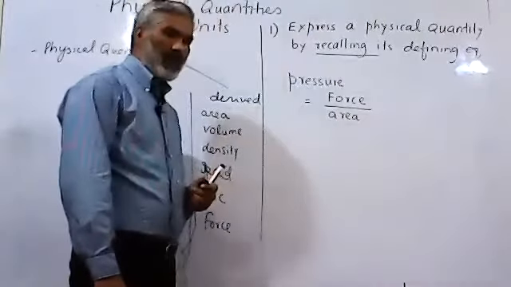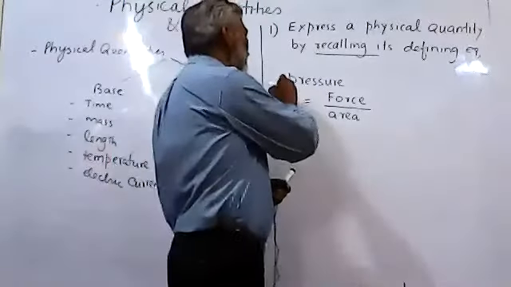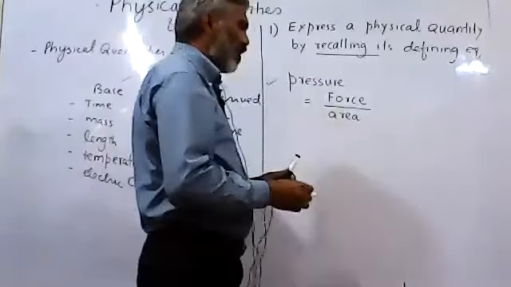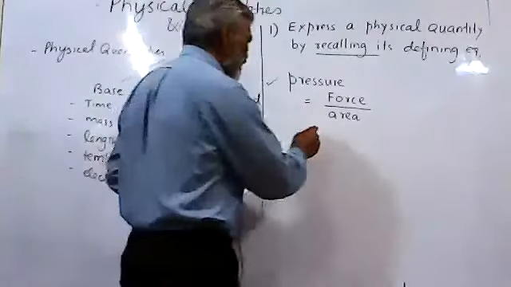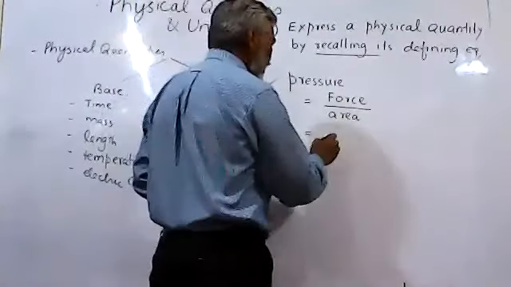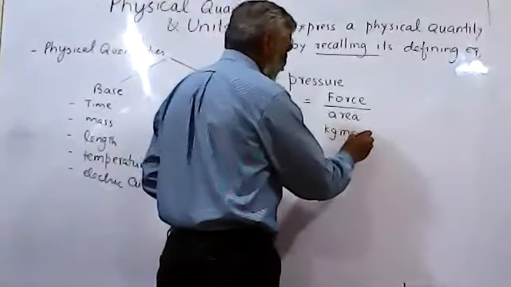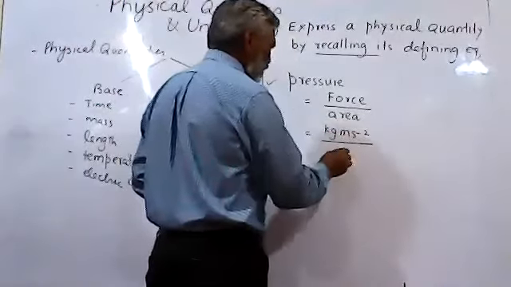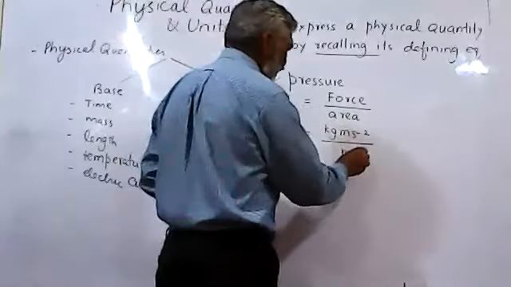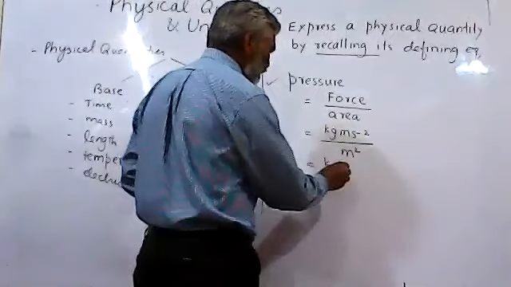That means the basic requirement of this type of question is that we must be able to recall what pressure is defined as in terms of other quantities. Pressure is force over area. Force is kilogram meter per second square, divided by meter square. So when I simplify them, it becomes kg m^-1 s^-2.